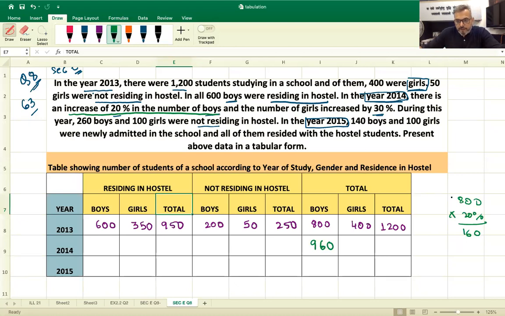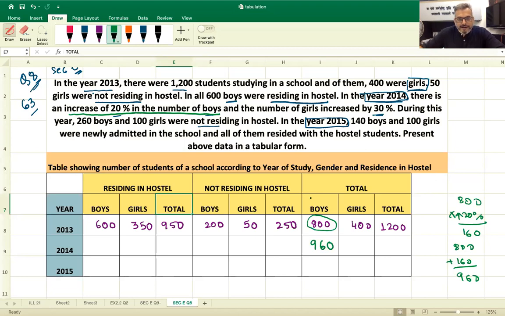It means 2013 में there were 800 boys, उसमें 20% का increase हुआ, यानी 800 का 20% is 160. तो 800 था, 160 increase हो गया, तो हो गया 960. Got it? Yes sir. Okay.